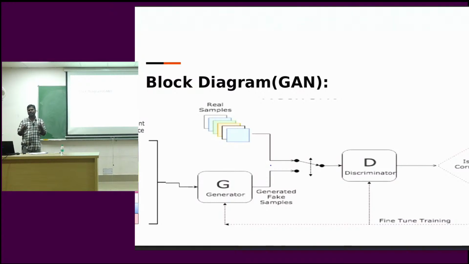We have efficient computational algorithms to train CNN networks. So usually these networks are CNN networks, and we use the backpropagation algorithm to train these.